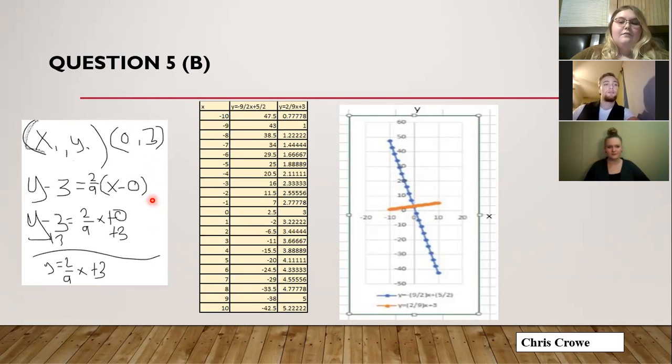We're simply going to plug in the numbers into their respective formulas and apply the appropriate algebra. Eventually, it will give us y equals 2/9x plus 3. And then from there, it's as simple as plotting the different lines to give us our appropriate function. Although Anna explains it way better than I.